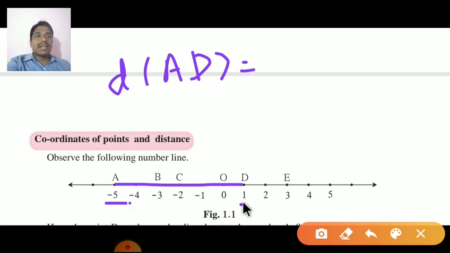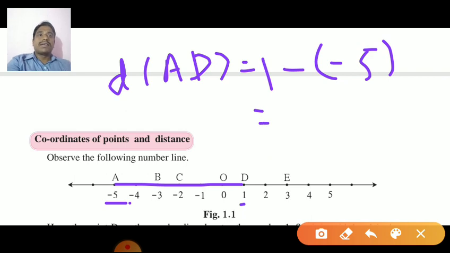So 1 minus (-5), minus and minus get plus, 1 plus 5 is equal to 6. Hence the distance between A and D is 6.